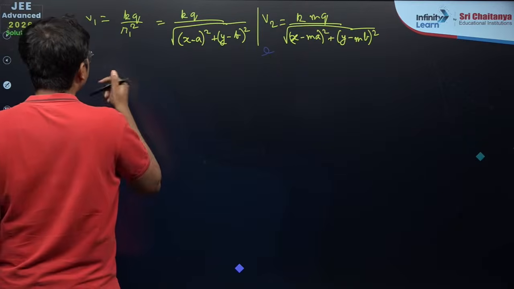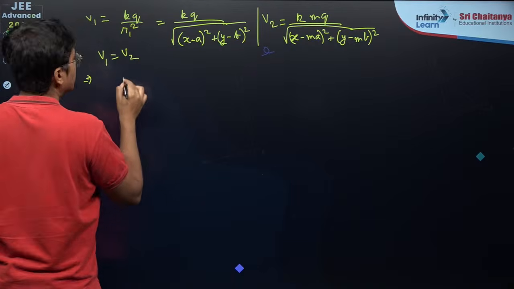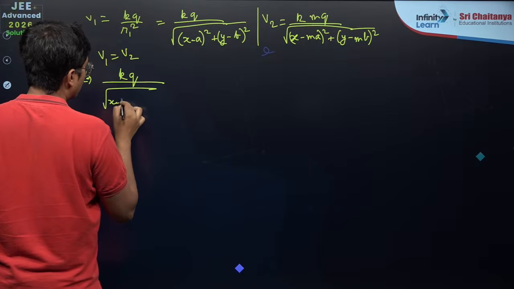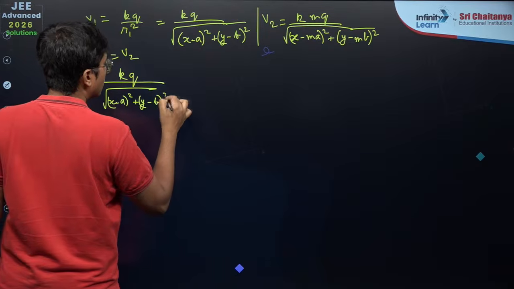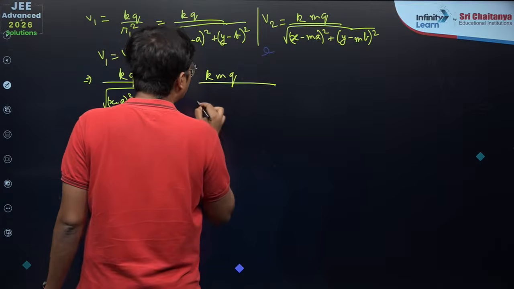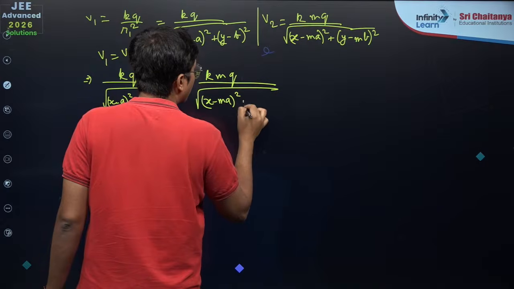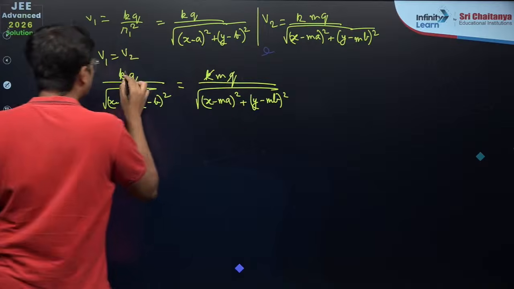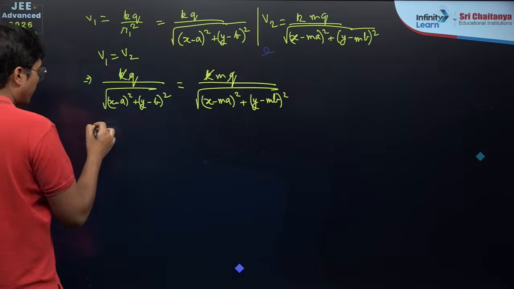So once we plug it in, it is kq divided by the root of (x minus a) whole squared plus (y minus b) whole squared, equal to kmq divided by the root of (x minus ma) whole squared plus (y minus mb) whole squared. The kq's are out. Square both sides, cross multiply.